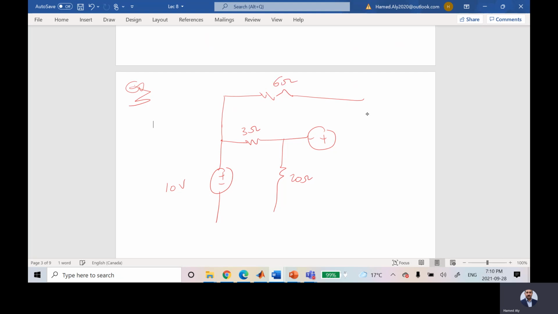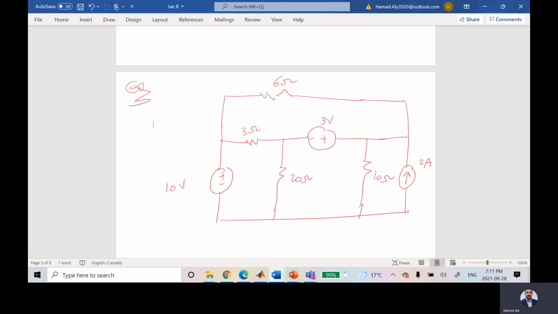This is 6 ohms. And we have here 10 ohms. This guy is 2 amps. And here we have a voltage, which is 3 volts.